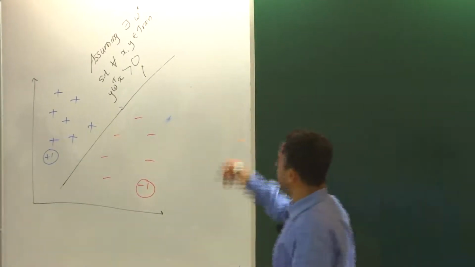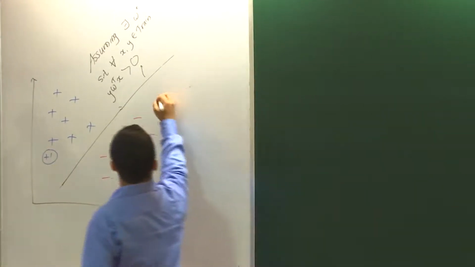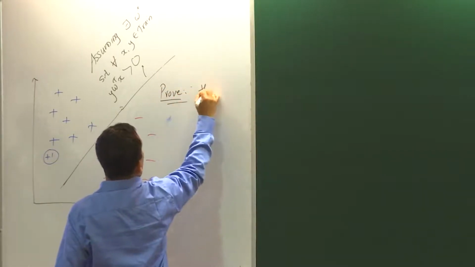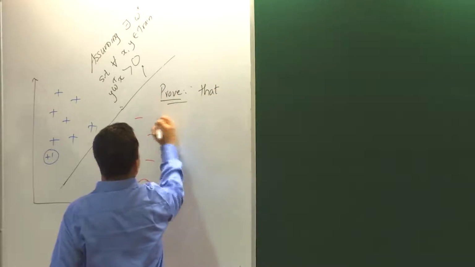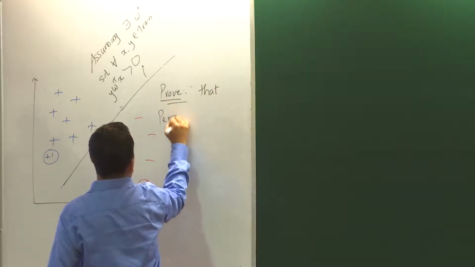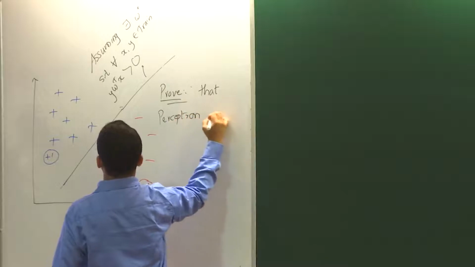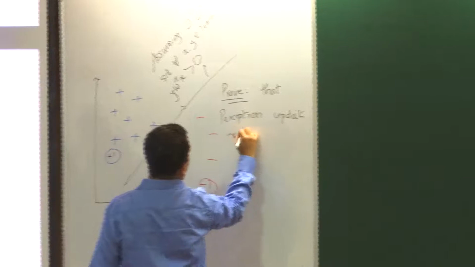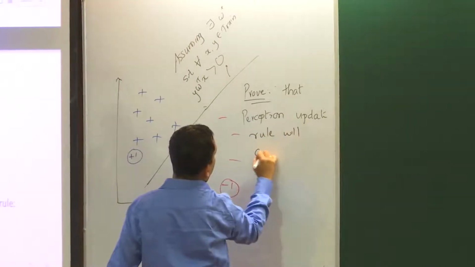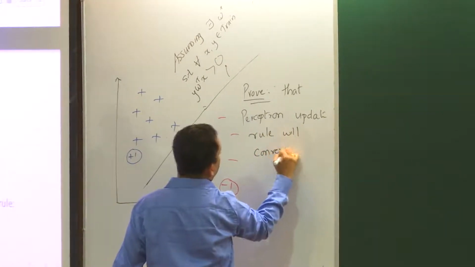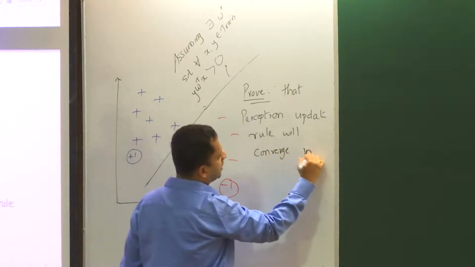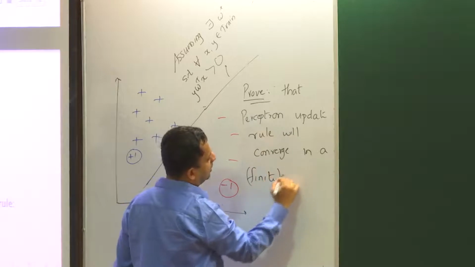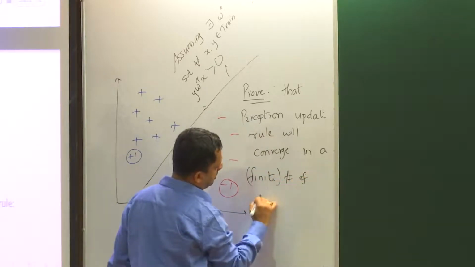Okay, so assuming this happens, we want to prove that the perceptron update rule will converge in a finite number of iterations.